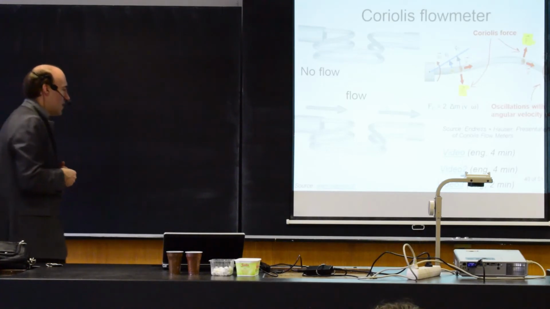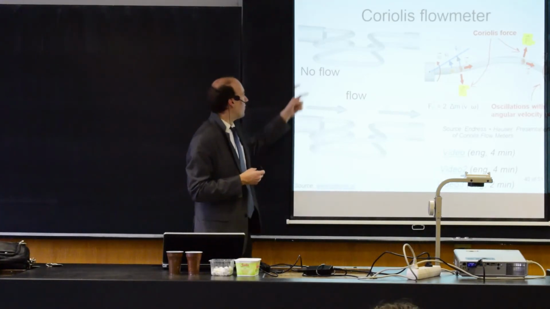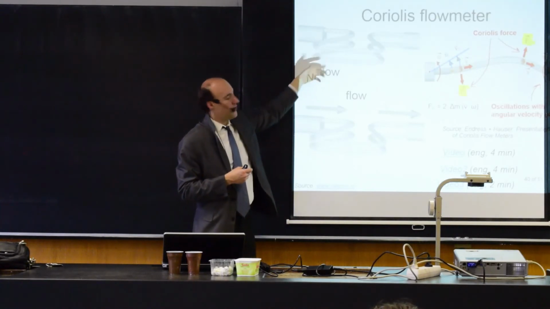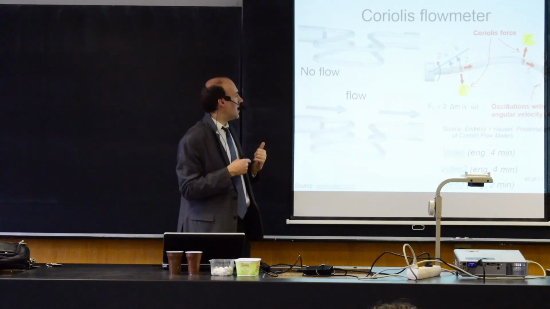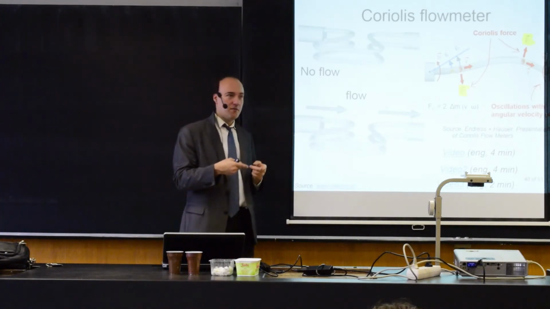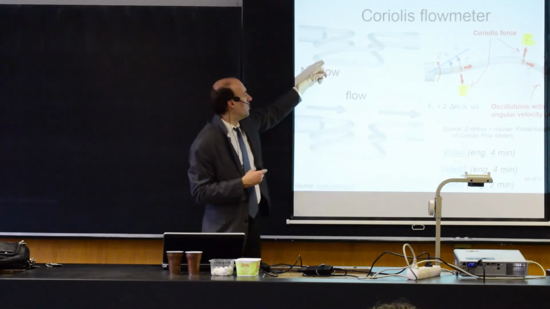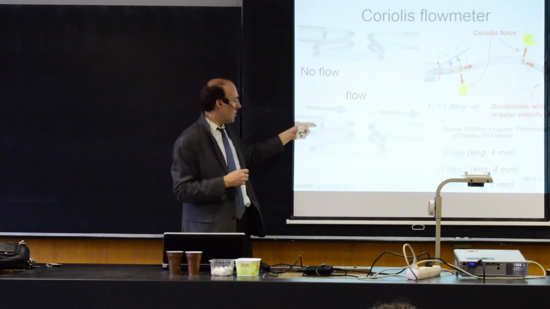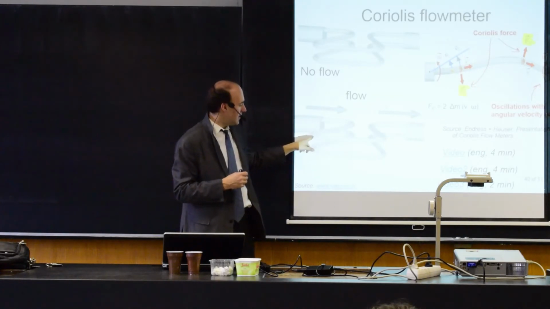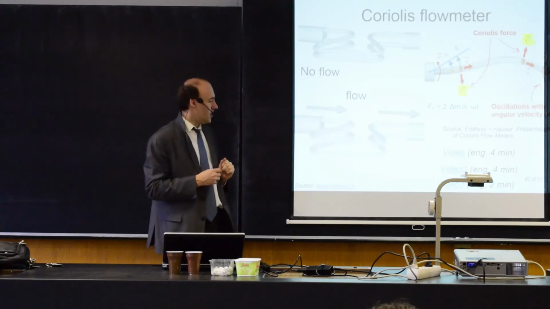So as we have seen on the video, when you don't have any flow, this is what happens. You have a uniform motion that you apply on the pipe. You can do it with one pipe or even with 2 pipes here. So without flow, you have a uniform motion forward and backward. With flow, you see this movement. That's the effect of the Coriolis force.